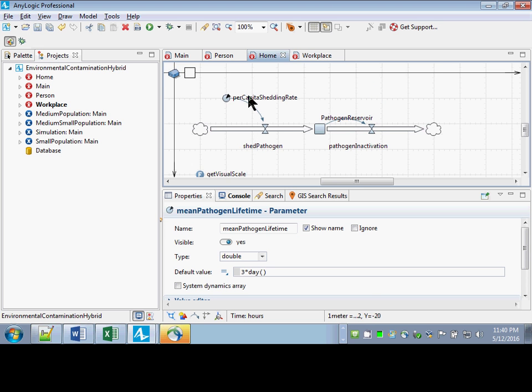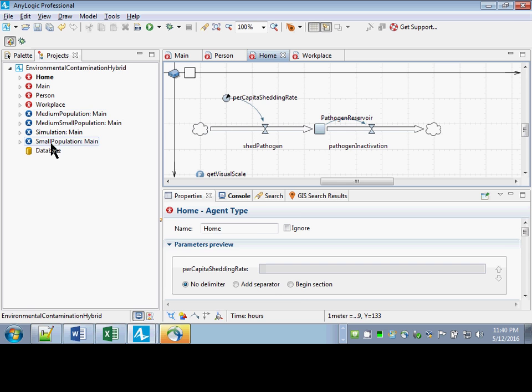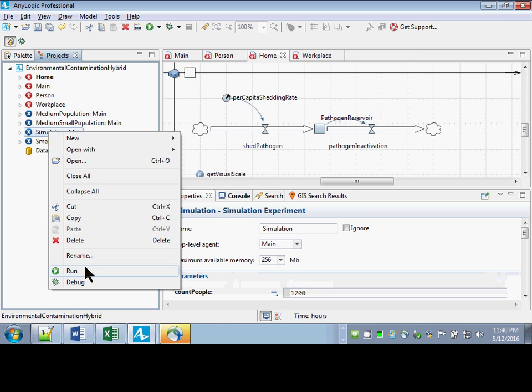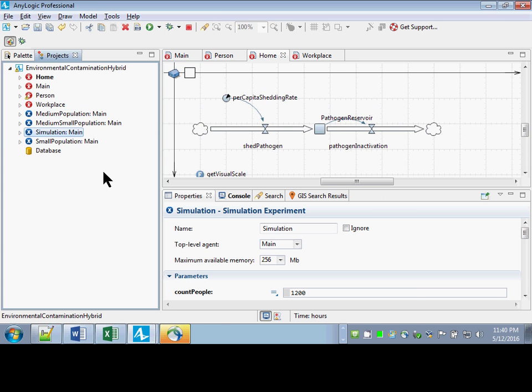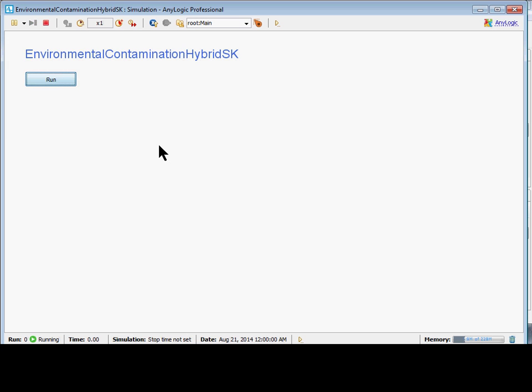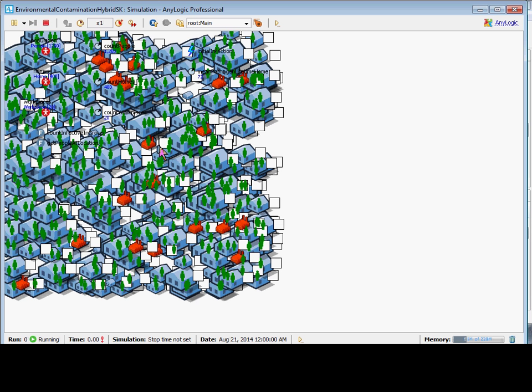And same thing at home. So the idea here is that people are going to bring the pathogen from home to work to home. And if one person starts infected, over time, they will bring it back and forth between their homes and their workplaces. So I'm going to add population at first so that we can run this in a tractable time here.